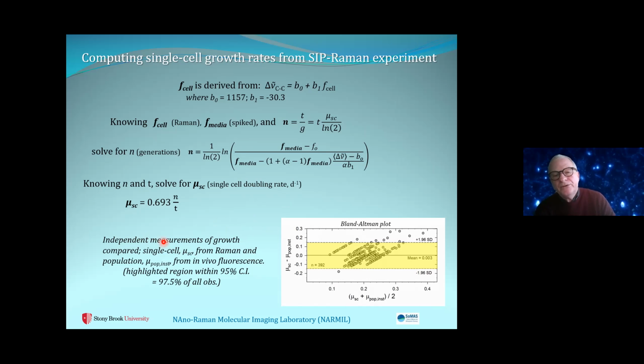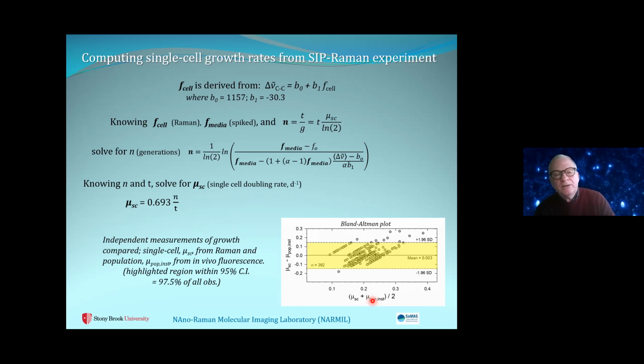There's a statistical technique often used in biomedical sciences called Bland-Altman plots, where you compare the difference between measurements made by 2 independent methods, Raman for single cell and in vivo fluorescence for population. You compare the difference to the average of those 2 measurements.